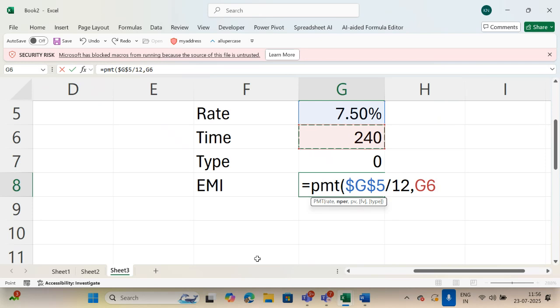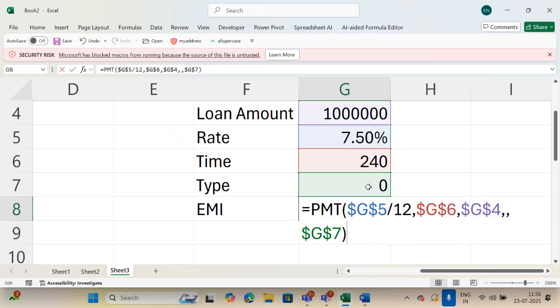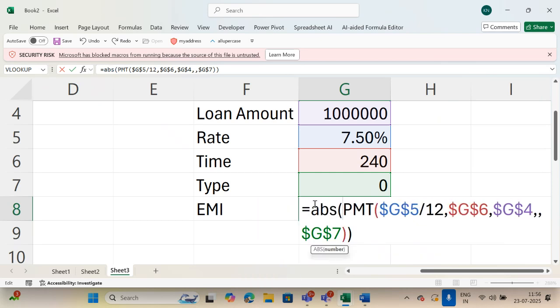This is your time, N per. Comma. This is the PV. Comma, because FV, as I told you, is a maturity value, so there is no need to provide the maturity value. Then in the second half, we are going to pay the EMI. This is my EMI. To convert it into the positive value, you should use the ABS function.